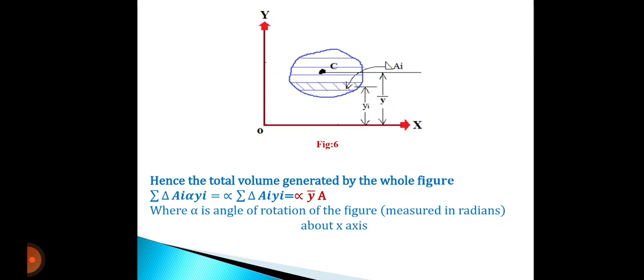Any element of area delta Ai generates a sector of a thin ring of volume equal to delta Ai alpha yi. Hence, the total volume generated by the whole figure is the summation of delta Ai alpha yi, that is alpha summation of delta Ai yi, which equals alpha y bar A, where alpha is the angle of rotation of the figure measured in radians about the x-axis.